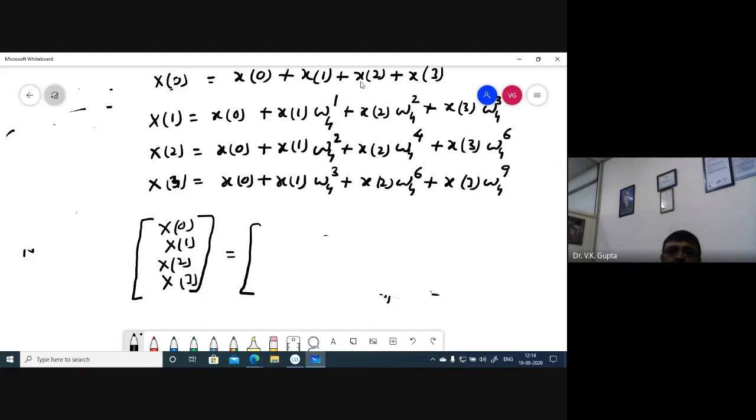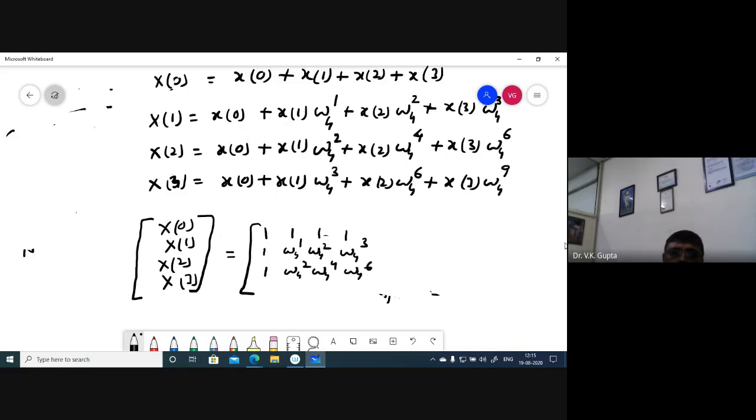In the third equation, we have coefficients 1, W42, W44, W46.